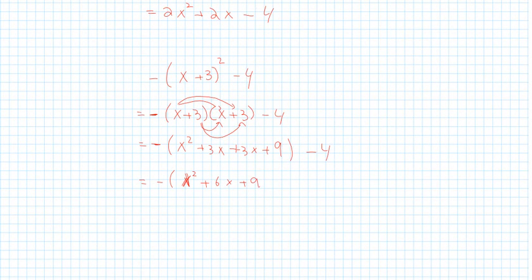Then multiply the negative 1 in. So that's going to be negative x squared, minus 6x, minus 9, minus 4.